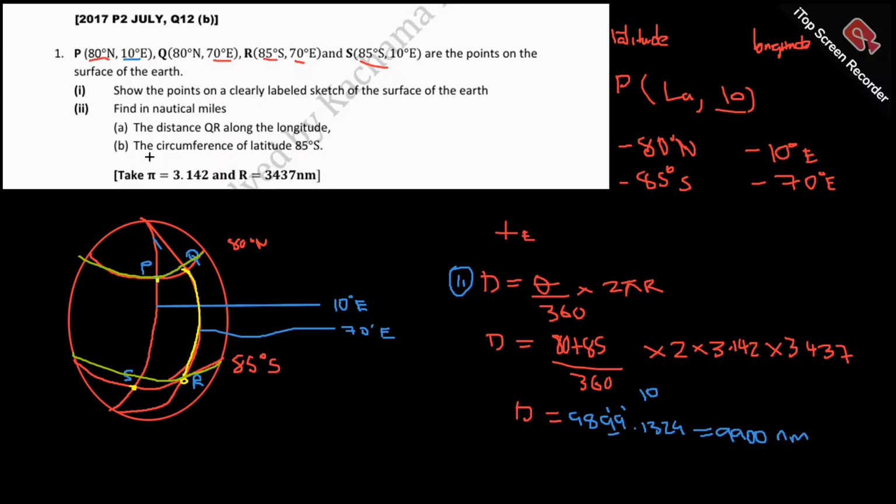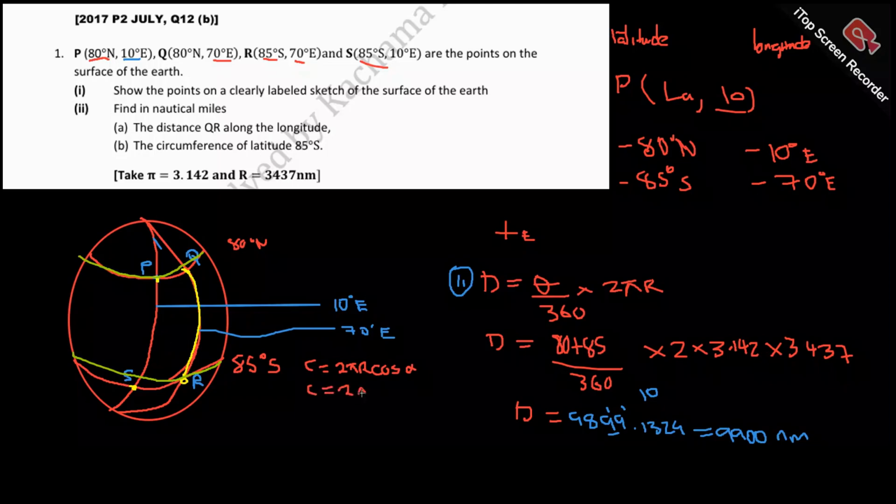B. Find in nautical miles the circumference of latitude 85 degrees south. Whenever I hear the word latitude, cos comes to my mind. So let's do so. Circumference is given by 2 pi r cos alpha.